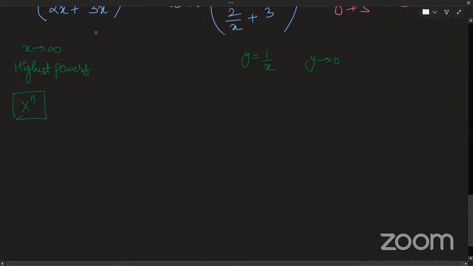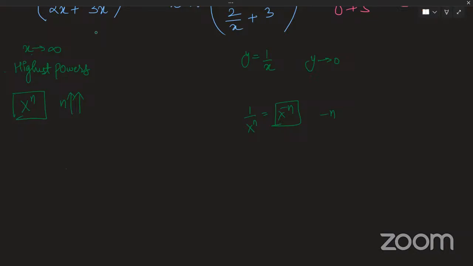Like it is just the reciprocal of this thing. What will be the reciprocal of x raised to n? 1 by x raised to n. So 1 by x raised to n can be written as x raised to minus n, right? If we were talking about highest powers in case of infinity, if my value of n grows really large, my value of minus n will grow smaller or larger?